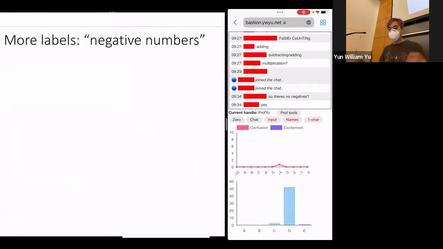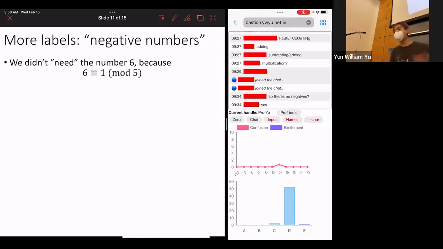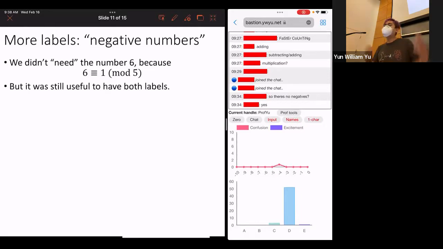So let's talk a little bit about labeling. Well, we didn't need the number 6, right? Because we already had the label of 1, and moving 6 steps is the same as moving 1 step. But it was still useful to have both labels, right? Because that meant that we could easily translate things between one thing to another.